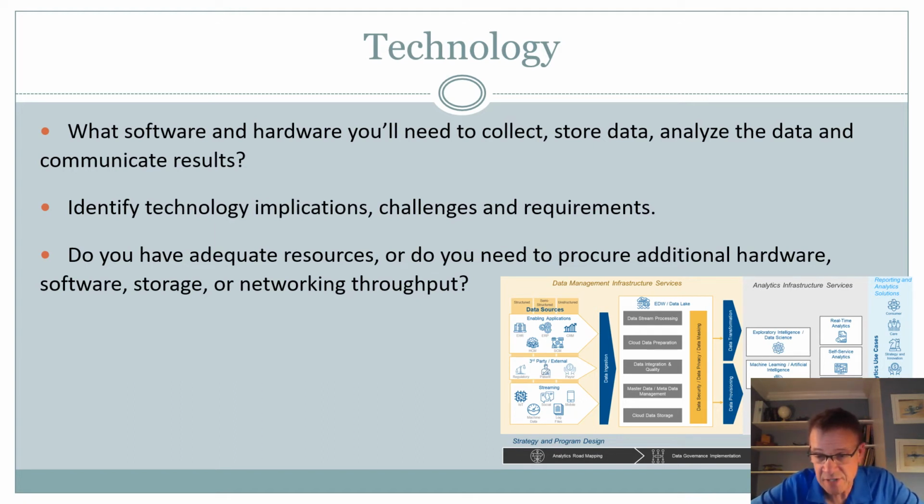You may have a system where you're going to be adding a terabyte of data a week, but maybe every 6 months you're going to be offloading a terabyte of data. So how you do that and how different things get offloaded and archived need to be specified. This is where you need to be sure that you have adequate resources, or whether you have to procure additional resources.